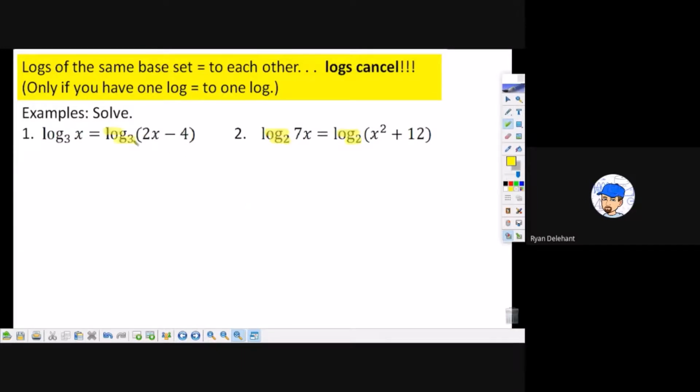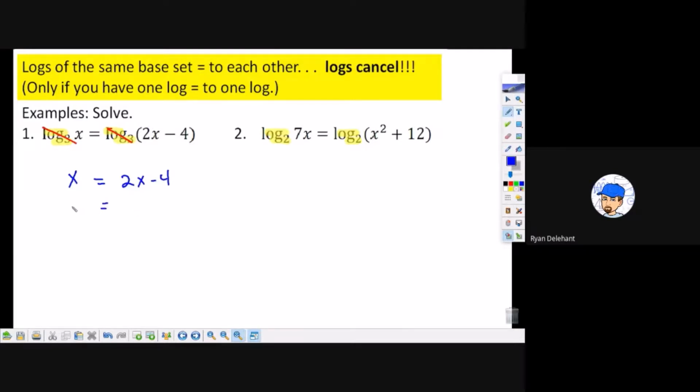There's a log 3 here and a log 3 here. If this ever happens, you can cancel those out. Now it only works if there's just one of them on either side. If you have more than one, you'd have to do something else. But then to solve this expression, you would just need x equals 2x minus 4 to figure out what x is. And you can solve this now.